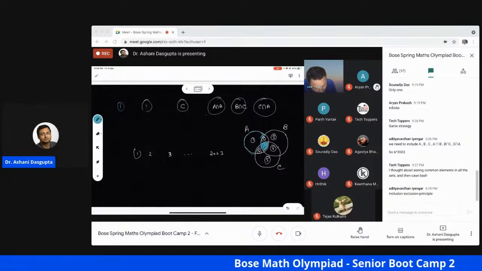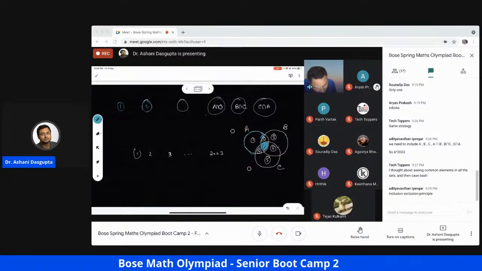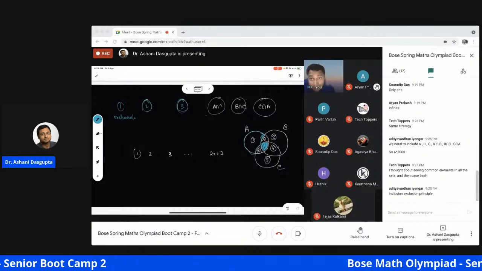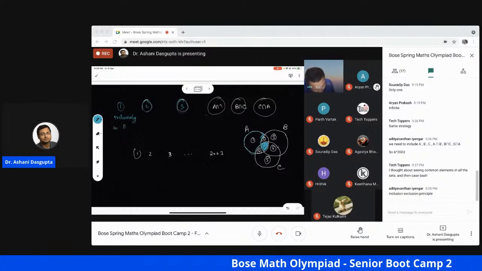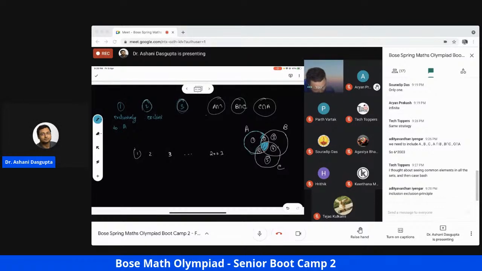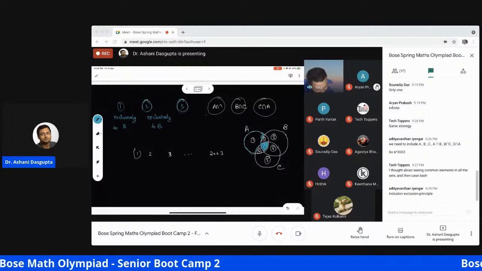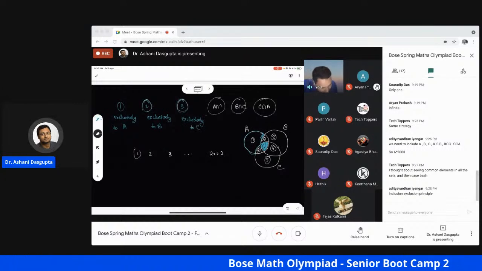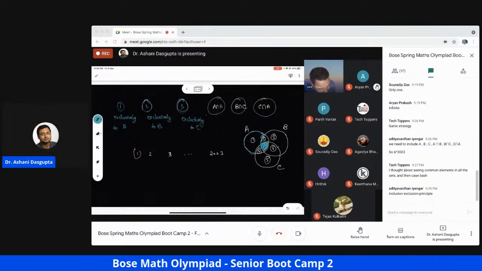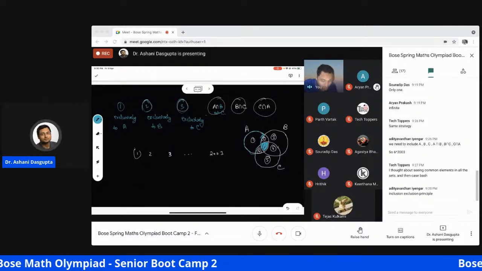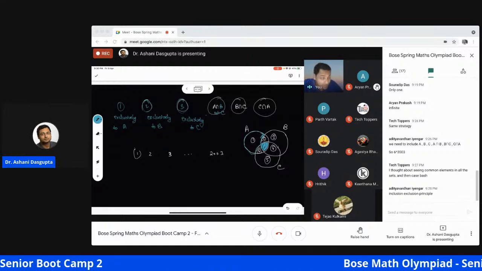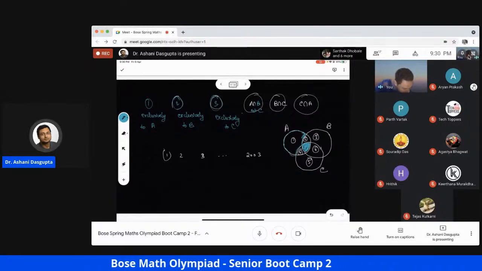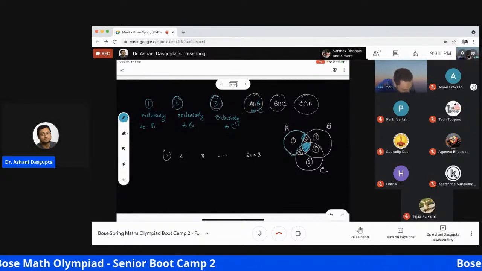Similarly, we have 2, which is B, and 3, which is C. So exclusively to A, exclusively to B, exclusively to C. Okay, and then A intersection B and not C. So you have to be very careful. It's not A intersection B. It is A intersection B, not C.